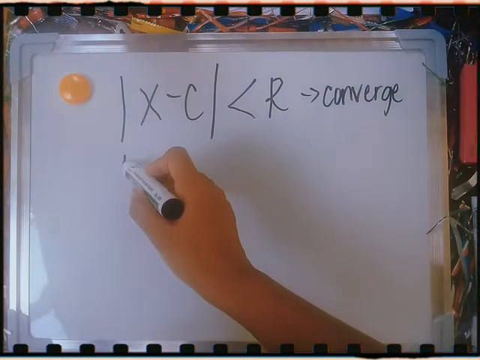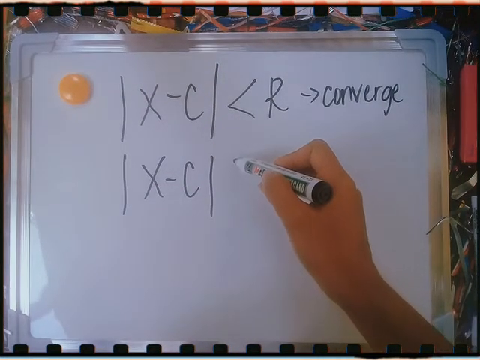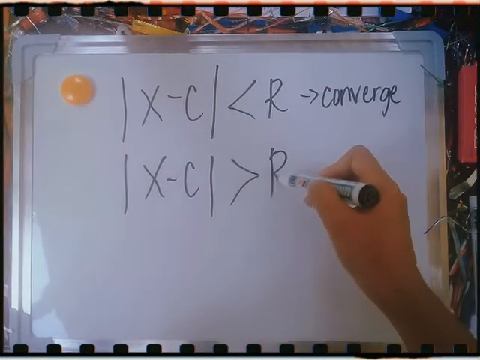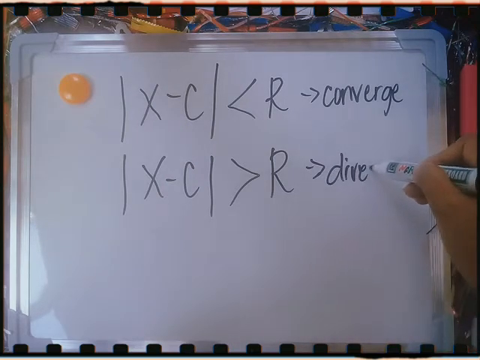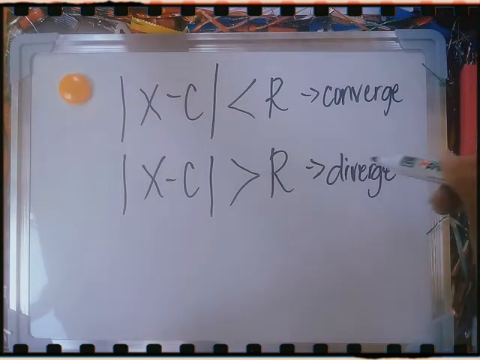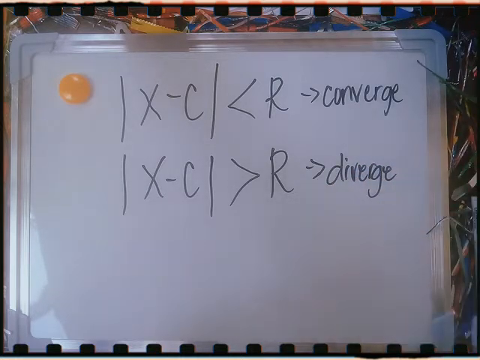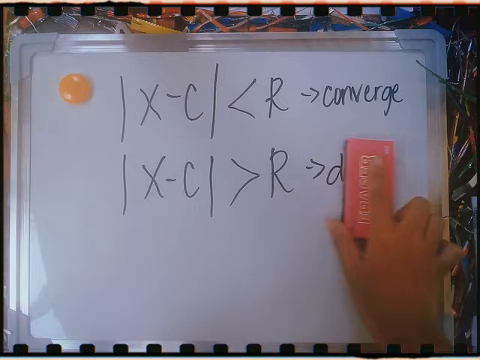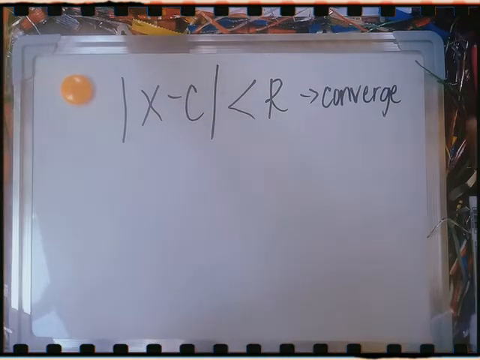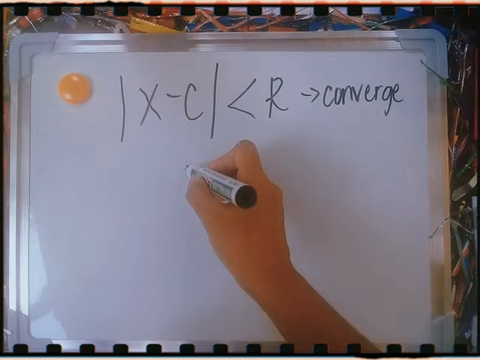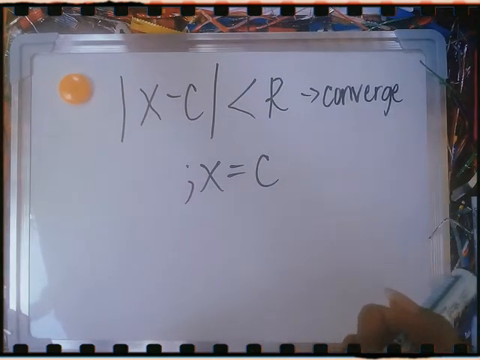But if the absolute value of x minus c is greater than r, then it will diverge. So ang gagamitin natin dito is the first statement, where x is equal to c, or our constant.